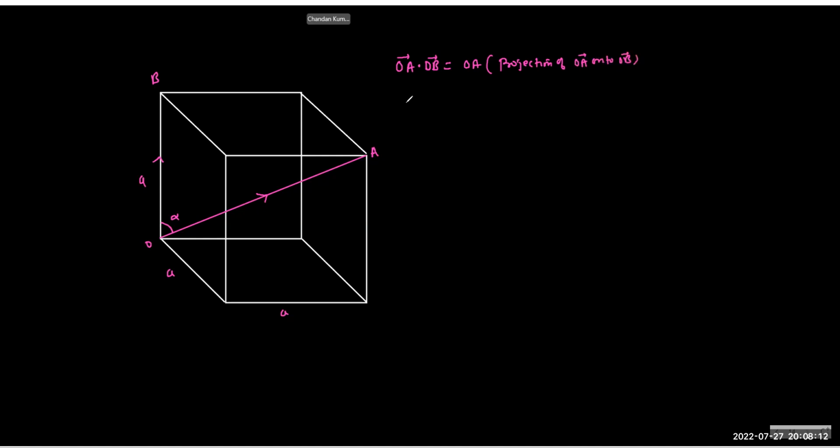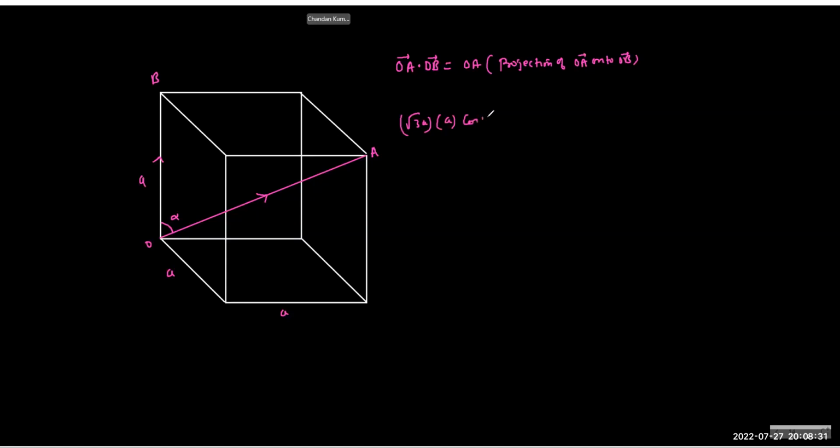So lengthwise, we know what is OA length. OB is A. What is OA length? We know the answer. So OA is √3A. Oh, my bad, I reversed it. So OA is √3A. What is OB length?